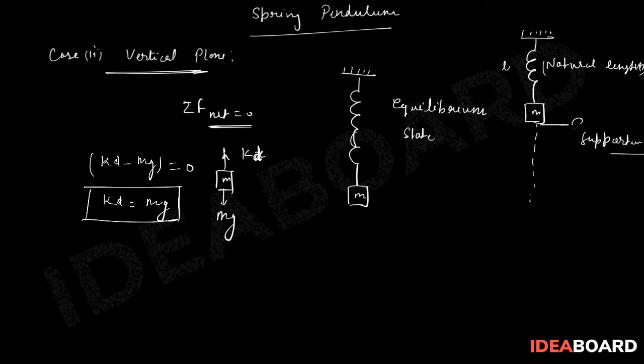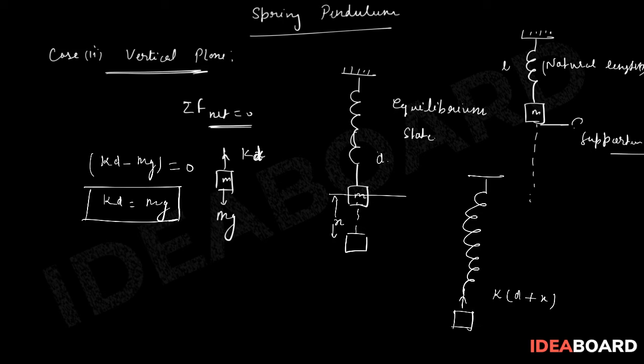Now to show that it is executing SHM, what I have to do, I need to displace this block further. So suppose that I displaced this block further some x distance. Now you can understand, now this time this spring is extended how much? d plus x, because originally it was extended d, and now this is extended d plus x.